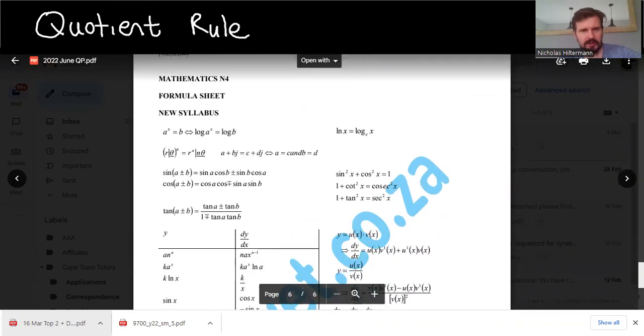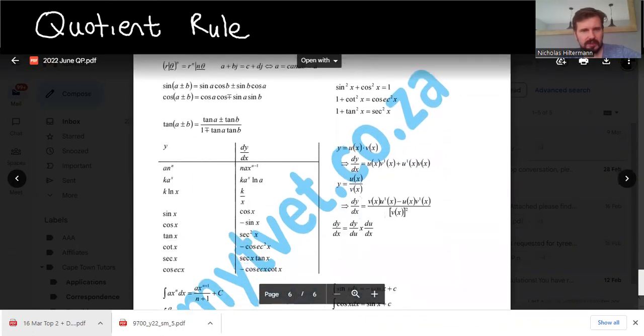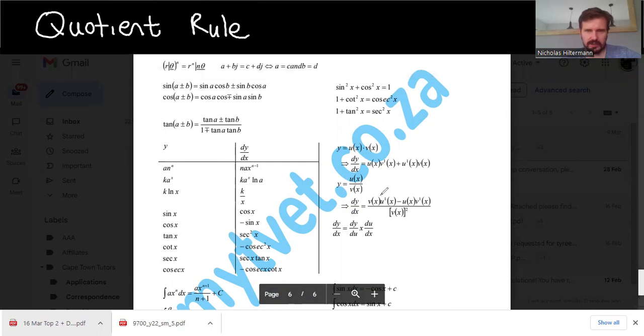So when we go down, we see cosec x. Here's our quotient rule, which says that when you are given u(x) over v(x), the solution is v(x) times u dash x minus u(x) times v dash x.